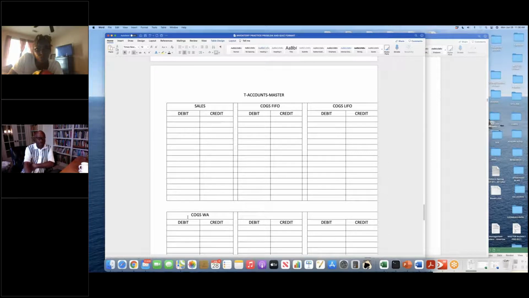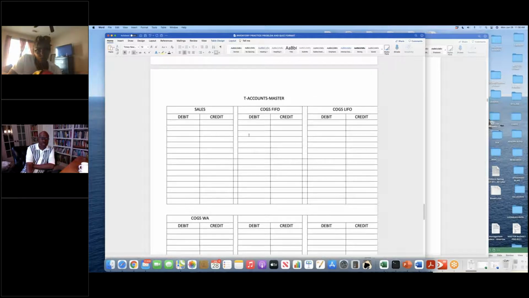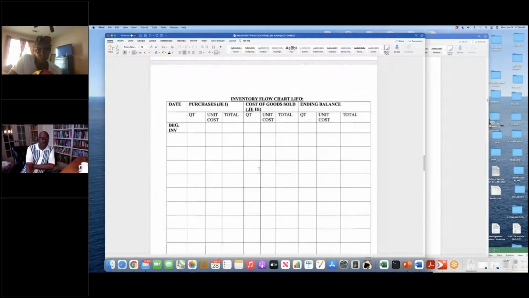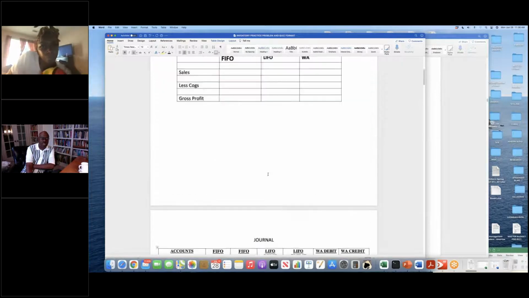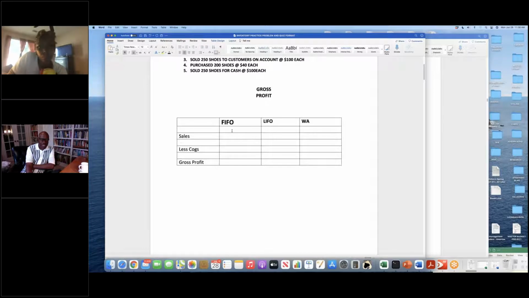We use the T accounts because we have a lot of transactions. When we get ready to answer the problem of what the gross profit was, we pull the amounts out of the T accounts and put them here.